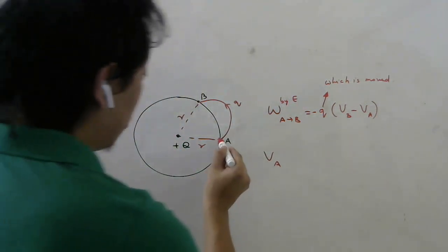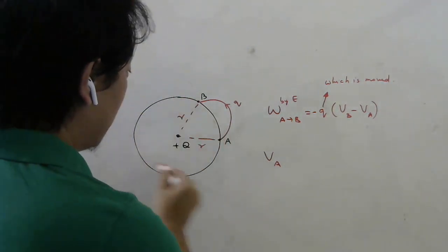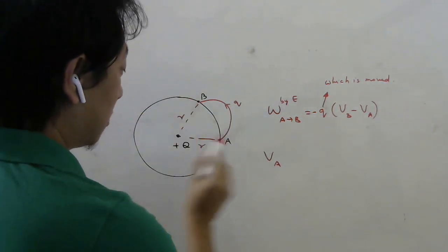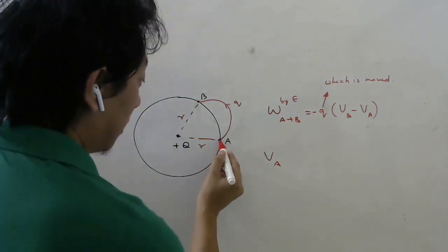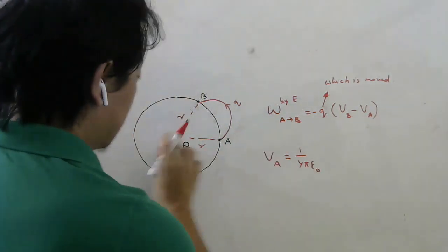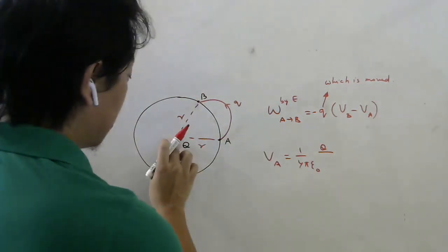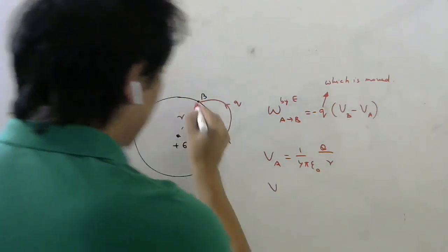So when you go from this point to this point, both the points are on this circle. Which is the source charge? This capital Q. Yes or no? Now look carefully. This point is at what potential? 1 by 4 pi epsilon naught, source charge divided by the distance between the source charge and the point. Similarly, what will be the potential at this point?